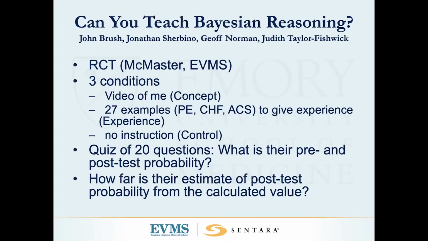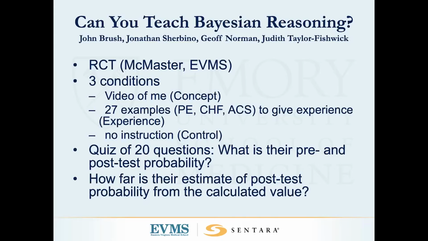We gave them examples of pulmonary embolus, congestive heart failure, and acute coronary syndromes to give them some experience, and Jeff thought that experience would be adequate to give them some general sense of how Bayesian reasoning worked. And then the third group was the control group that got no instruction, no video, and no examples. They simply had some reading material about the particular diagnoses.